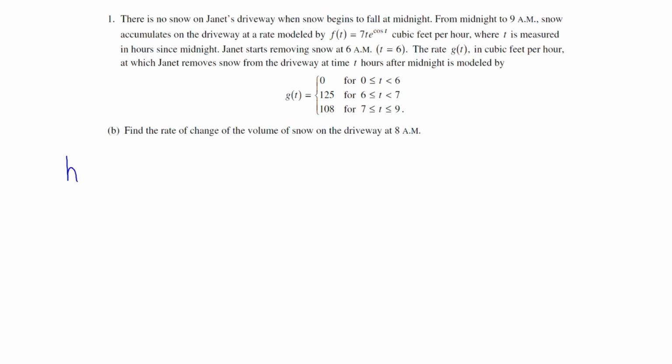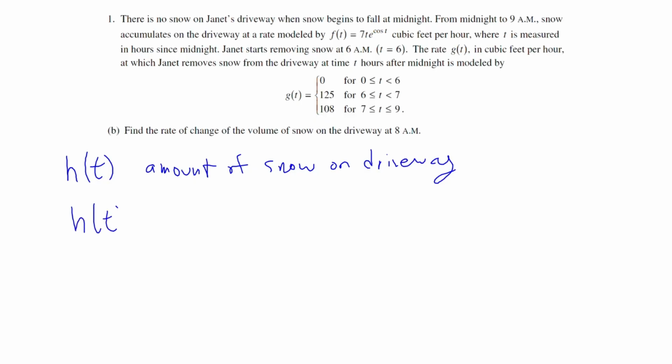If h of t is the amount of snow on the driveway, then h of t should equal the integral of f of x from 0 to t, minus the integral of g from 0 to t.